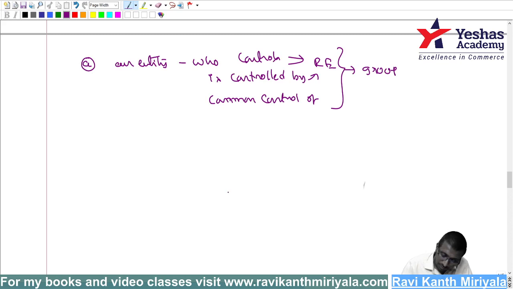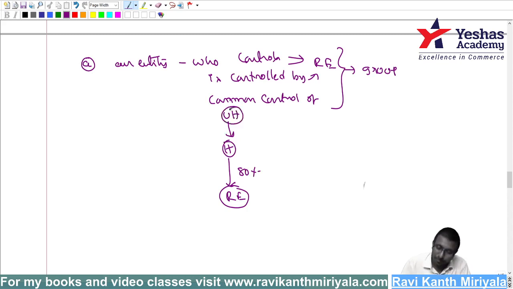I will tell you. See, this is my reporting entity, A Limited. There is one company, H Limited, the holding company. It has got 80% stake, and its parent, the ultimate holding company, has some 90% stake in it.